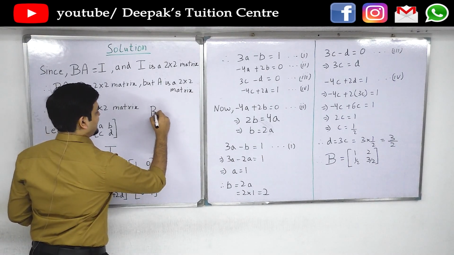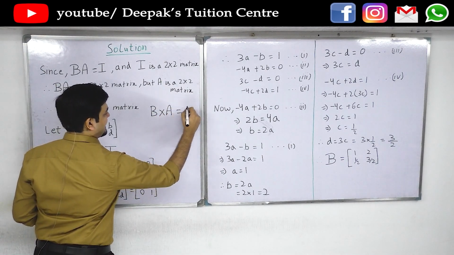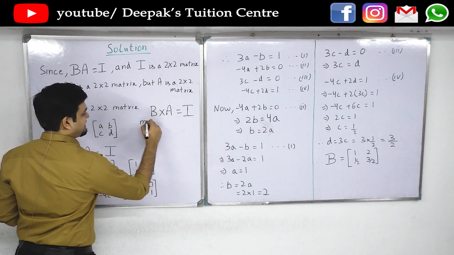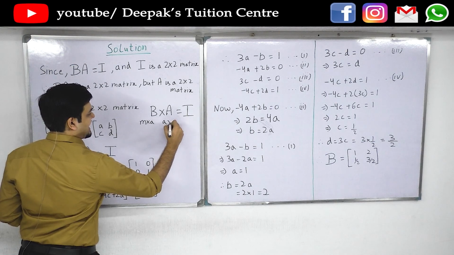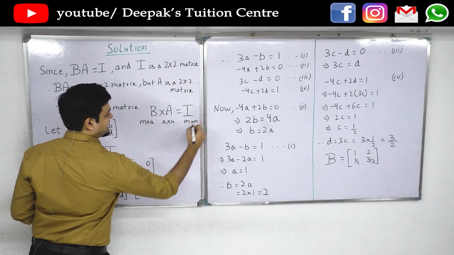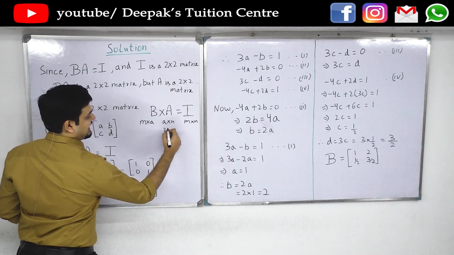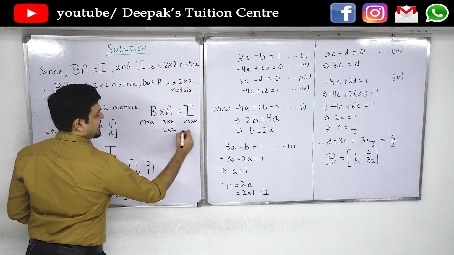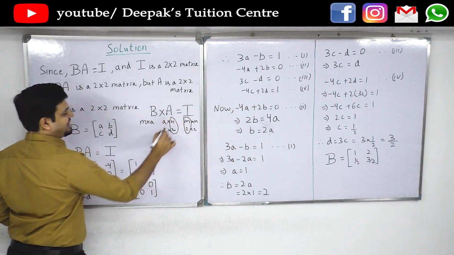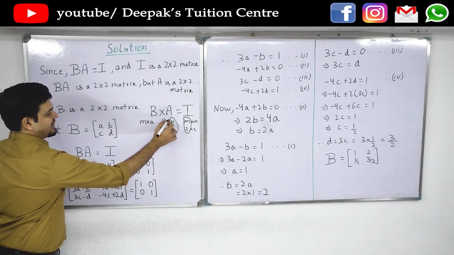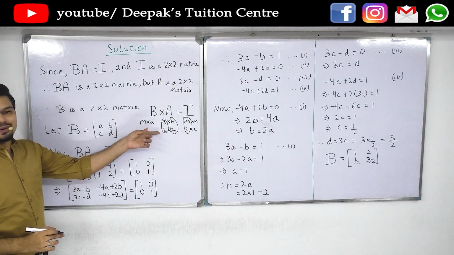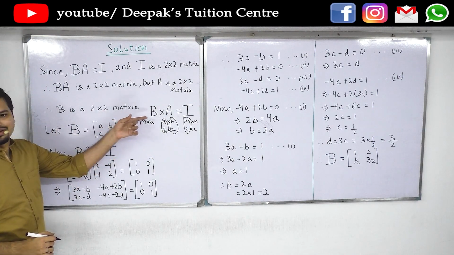So, we know that B into A is equal to I. Now, if we assign the order of B as M cross A and the order of A as A cross N, and the order of I is M cross N. Now, since I already know that the order of A is 2 cross 2 and the order of I is 2 cross 2, so I know the values of M and N. So, therefore, the order of B will be 2 cross 2. So, therefore, B is a 2 cross 2 matrix.